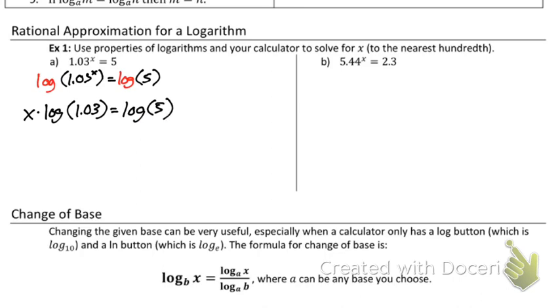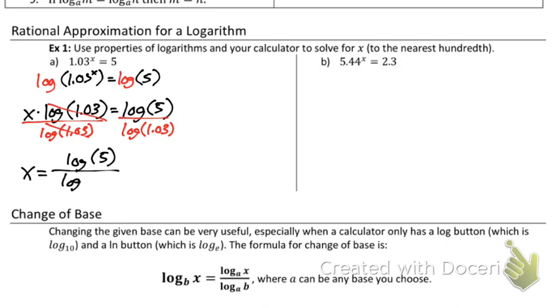Well, because this is x times a number, I can just use division to move it over. I'm going to divide both sides by log of 1.03, and that would cancel that out. And we will have x equals log of 5 all over log of 1.03.